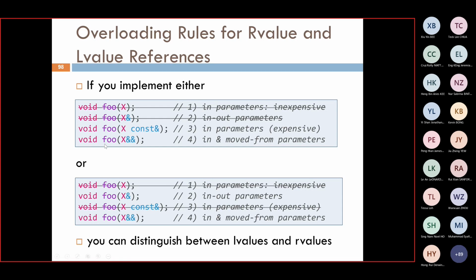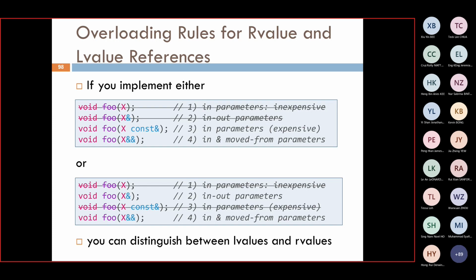So if you implement 3 and 4, or 2 and 4, then obviously you can distinguish between L values and R values, right? And the compiler will do the right thing. If you have an R value, it will call 4 in either case. If you have an L value, in the top one it's going to use 3, and in the bottom one it's going to use 2. Now, what if you have const?